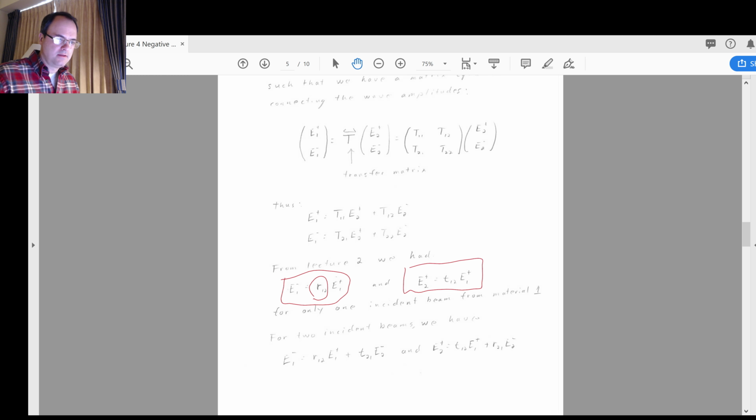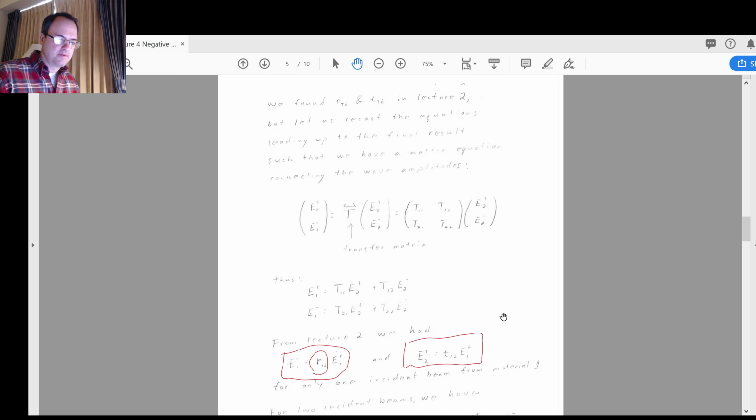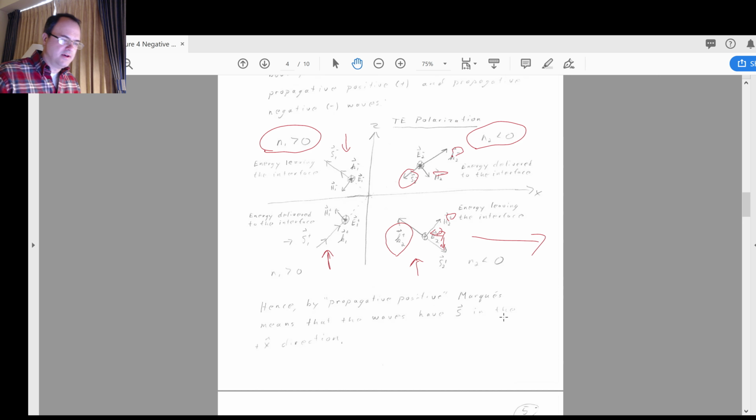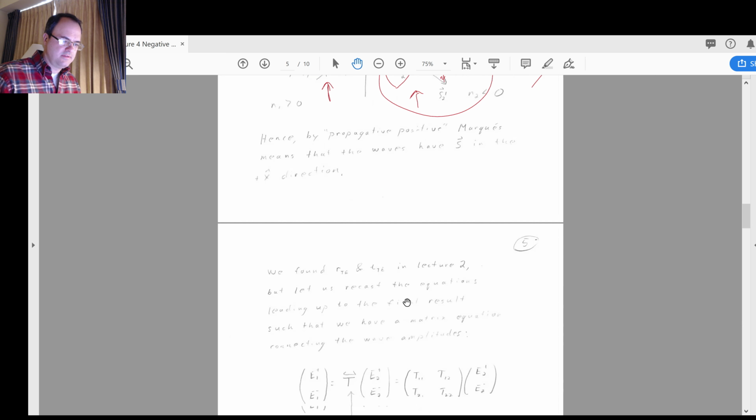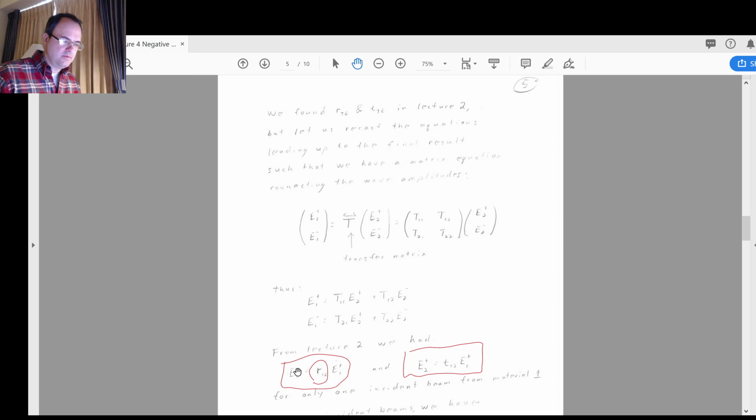All right? And you just go back to this. This is the reflected beam, and this is the transmitted beam. This right here is a transmitted, this right here is a reflected. All right? So E1 minus is a reflected, and E2 plus is a transmitted. All right?